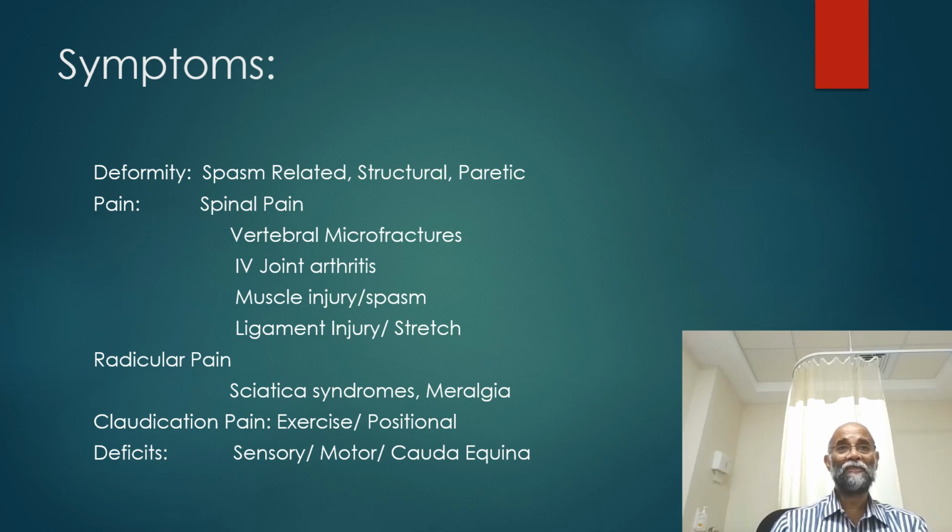Or dorsiflexion, when you stand on your heels and raise your forefoot, is not possible when the L5 root is compressed. Cauda equina syndrome implies compression of the nerves as they pass through the spinal canal, including the nerves which control micturition and the bowel. So the person might be incontinent of stools and may have retention of urine.